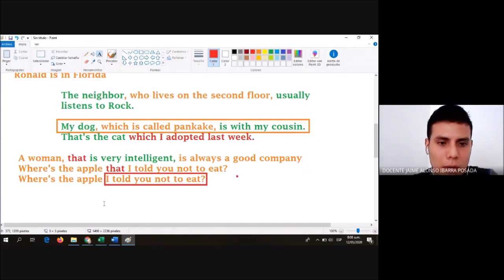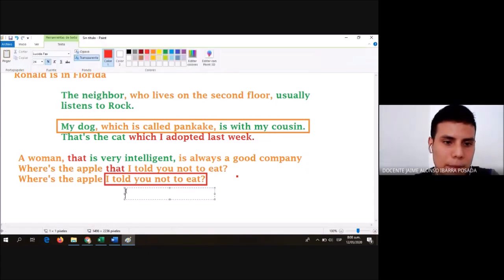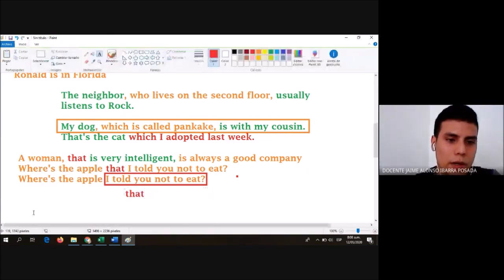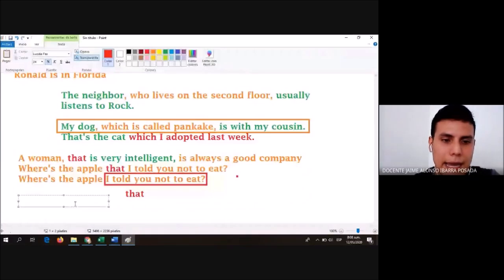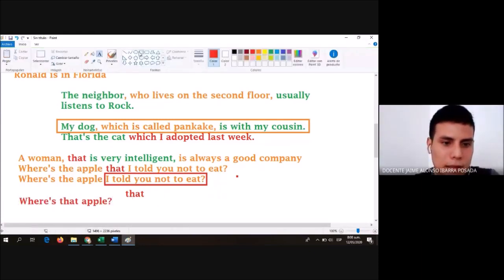And what is an object? That. For example, where's that apple? Where's that apple? This that is referring to this.